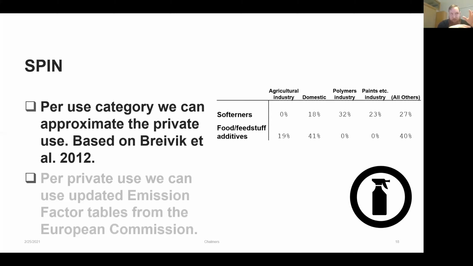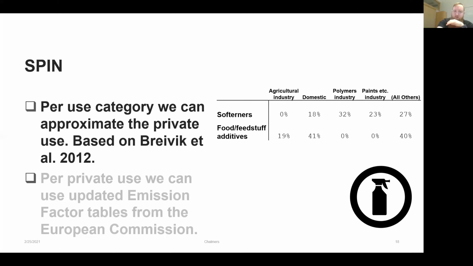And the problem then was that we wanted to look only at the consumer part. And fortunately, once again, there was a table, which is kind of a translation table, which was created by Breivik et al. in 2012. And what you see in that table is basically that you can go through each of the uses, and then you can associate that use with some kind of sector.